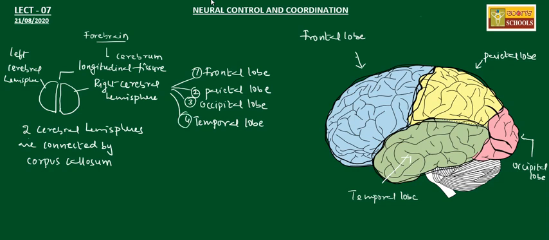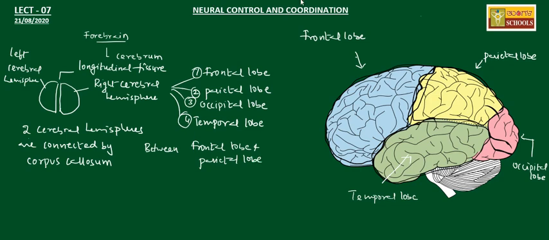And these lobes are separated by fissures. Between the frontal lobe and parietal lobe there is a fissure.